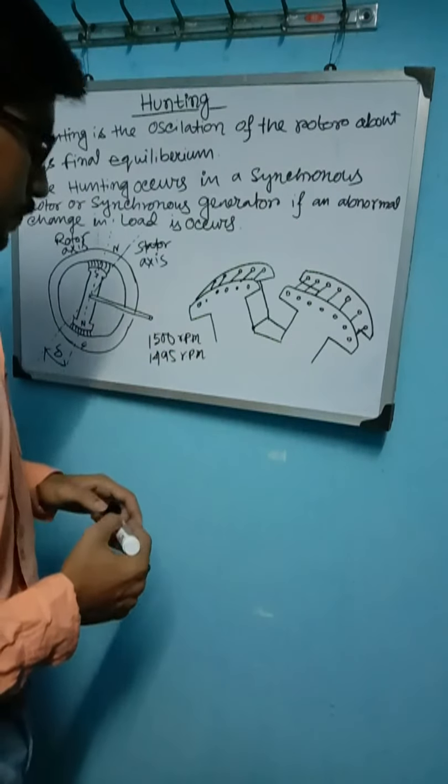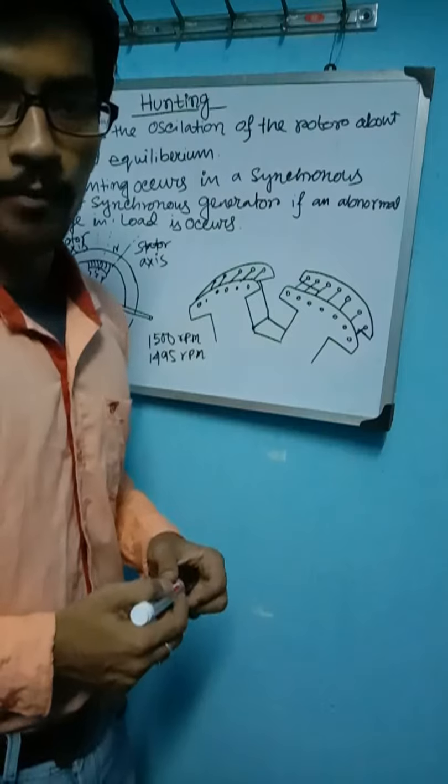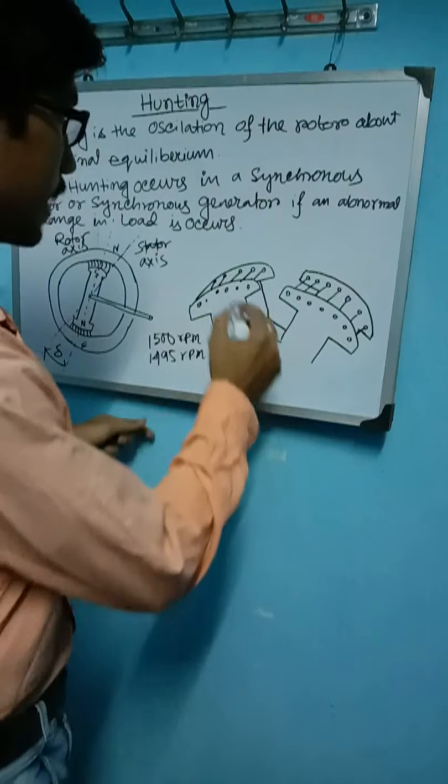Now in that case the rotor poles are connected with the damper winding. These are the damper winding.